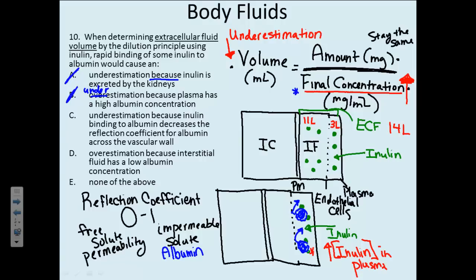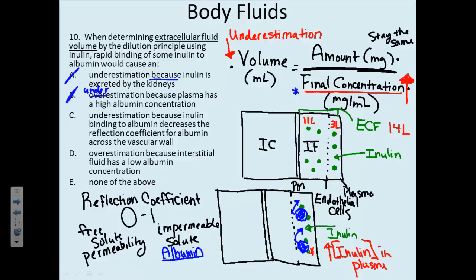So in response C, it's saying that we have an underestimation because inulin binding to albumin decreases the reflection coefficient for albumin across the vascular wall. So what we're saying is essentially by inulin binding to the albumin, we're making it easier for the albumin to go through the endothelial cell clefts. And that just doesn't make much sense.